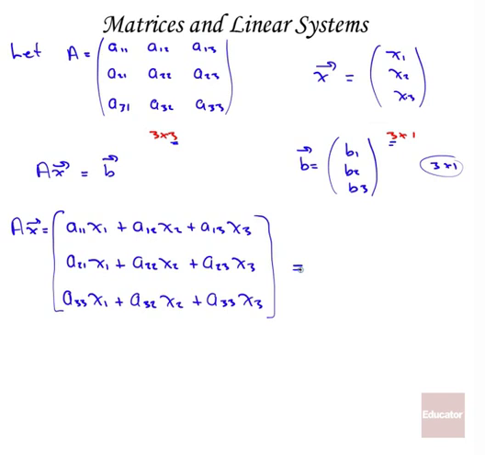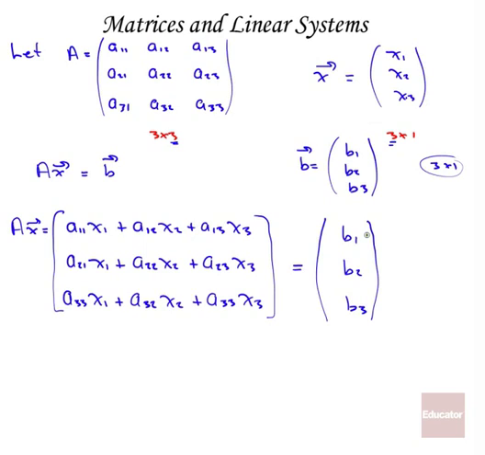Well, I know that it equals this B. So I write B1, B2, and B3. Well, this thing equals this thing, this thing equals this thing, this thing equals this thing. That's what this says. This is just a 3 by 1 in its most expanded form. That's the A times the X. This thing is the B that it equals. And so now I'm just going to set corresponding entries equal to each other.